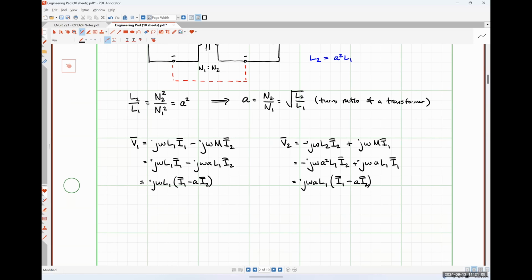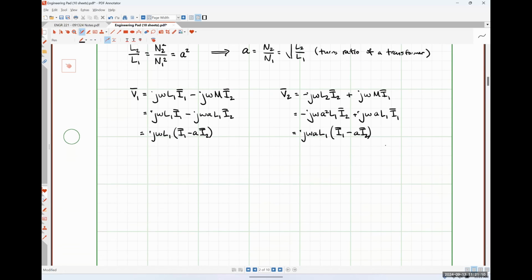So if I were to take the ratio of my two voltages, V2 divided by V1, I would get J omega A L1 times I1 minus A I2 divided by J omega L1 times I1 minus A I2.